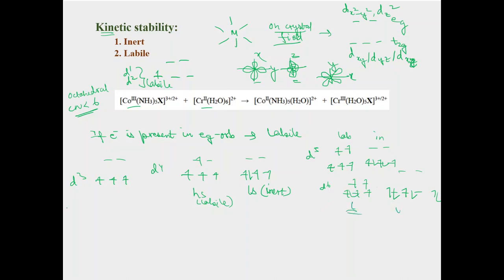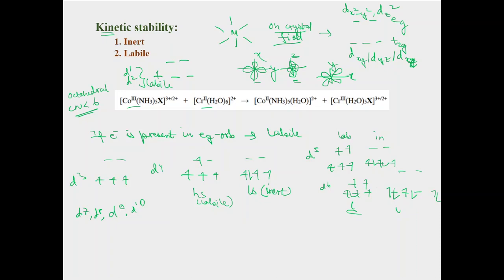But for D7, D8, D9, these complexes will always be labile, right? Because there will be at least one electron in each set, whether it is a high spin complex or low spin complex. Okay. So this is the concept of this.